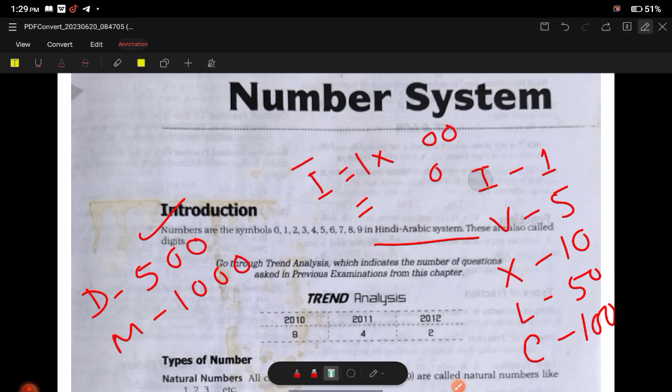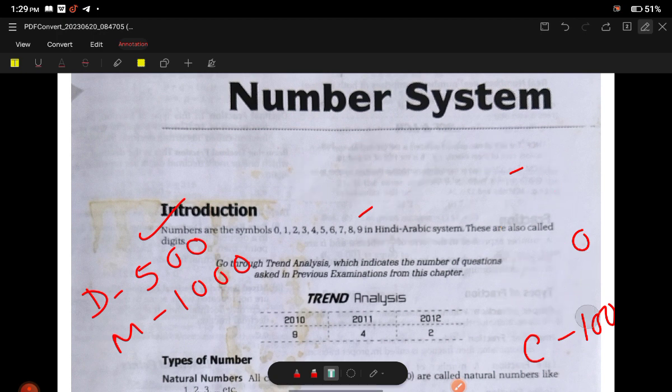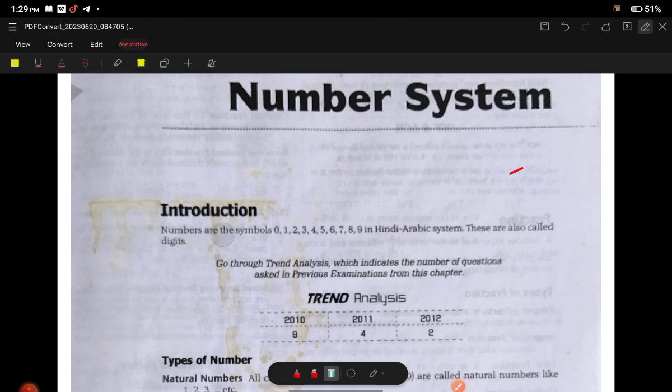If we talk about our Hindu Arabic number system, we don't have this LCDM type of things. We have some digits, 0 to 9, 10 digits in our Hindu Arabic system. That is why sometimes it is called base 10.